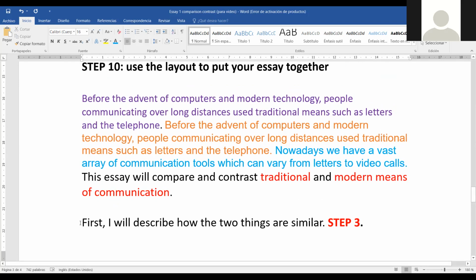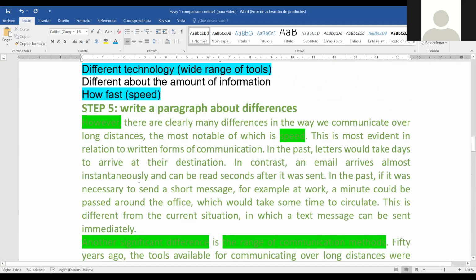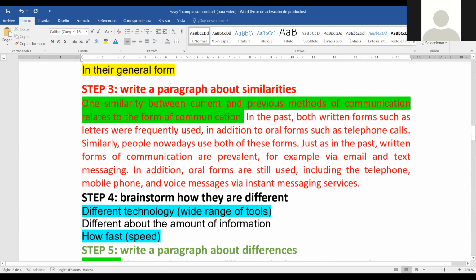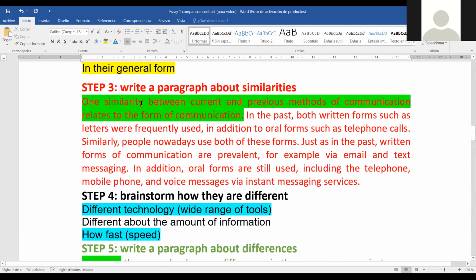As I told you, this is my introduction for the second paragraph because I'm going to focus on the similarities. But remember that I have already included something like that in my first one, because it says one similarity between current and previous methods of communication relates to formal communication. I have already included that.